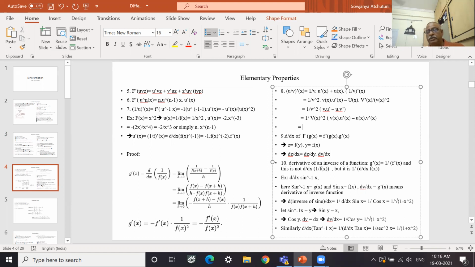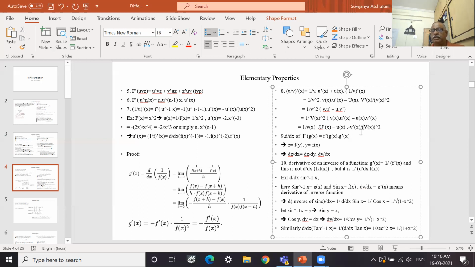Otherwise, if you don't write 1 by (v x) whole square, we can write 1 by v into u dash x, because the first term I am differentiating, keeping the second constant, plus u x into the differentiation of 1 by v x, which is equal to minus v dash x by (v x) whole square.